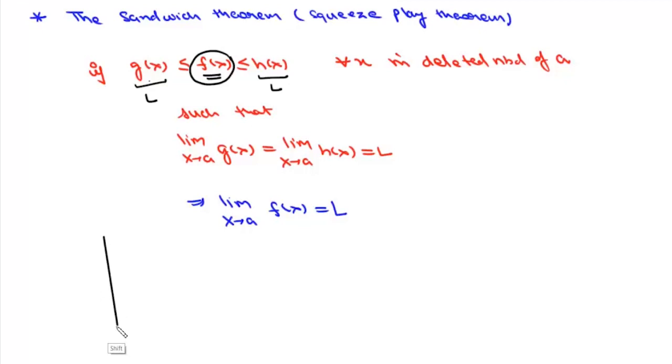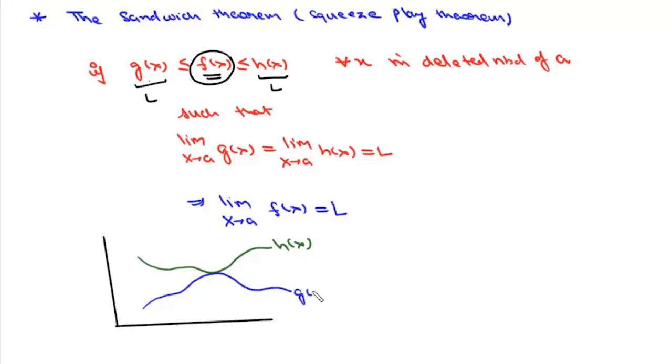If we look at this graphically, suppose we have this function which is h(x), and then we have this function which is g(x), and we have this function f(x) such that g(x) is always less than or equal to f(x), which is always less than or equal to h(x), in this deleted neighborhood of a except possibly at a.